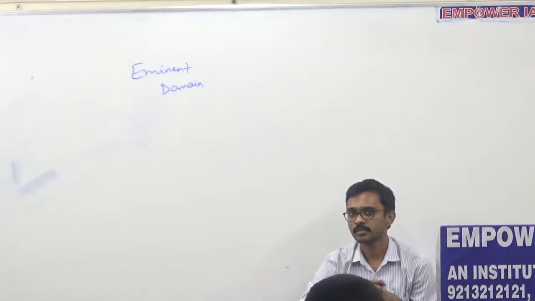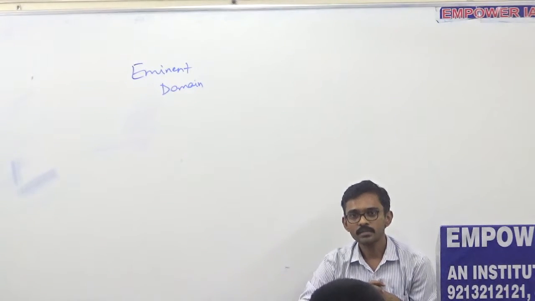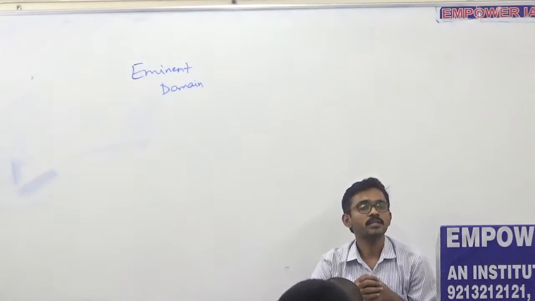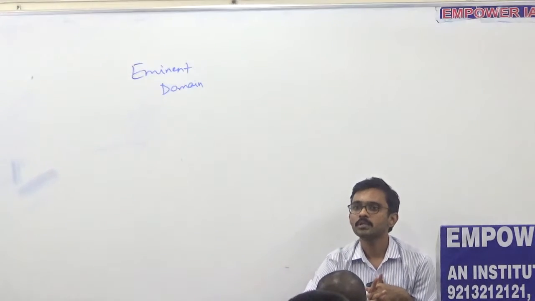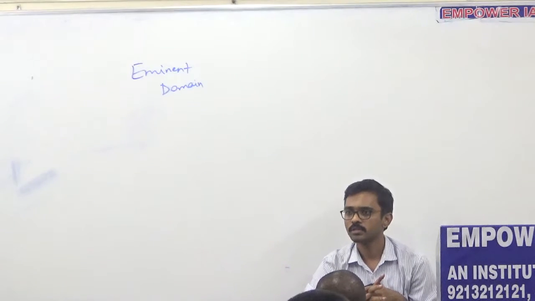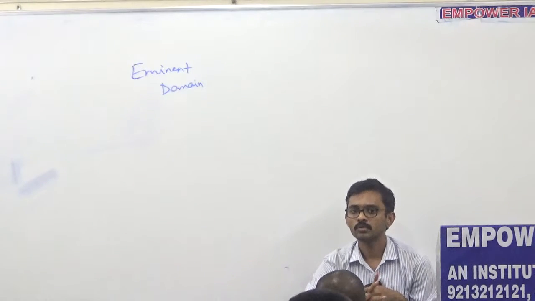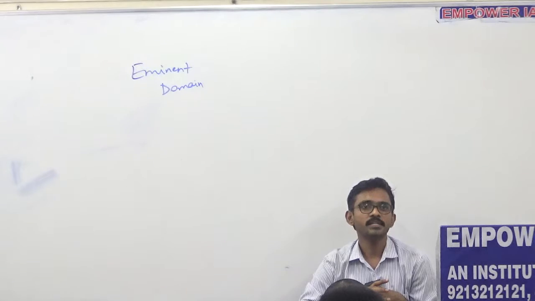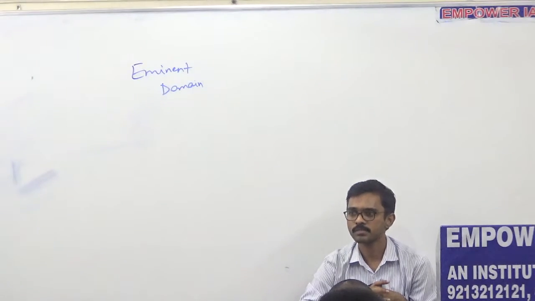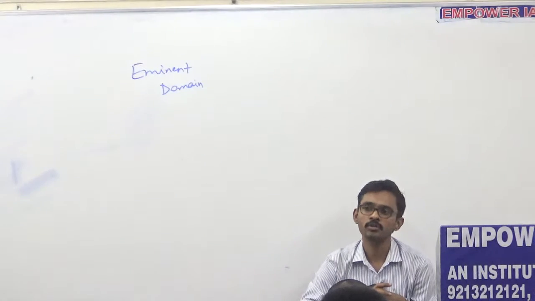First is consent. Here we can give an example. Recently, Niyamgiri Hills, you have heard? Niyamgiri Hills, Odisha. There the Dongria Kondh tribes live. Recently there was a case wherein Vedanta wanted to do bauxite mining in Niyamgiri Hills, and it had got all the government approvals.